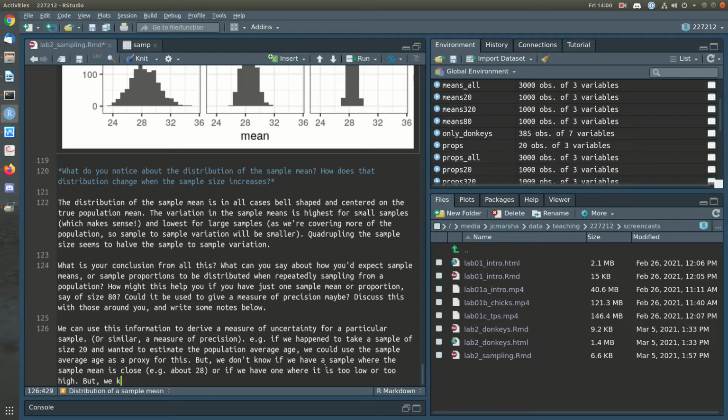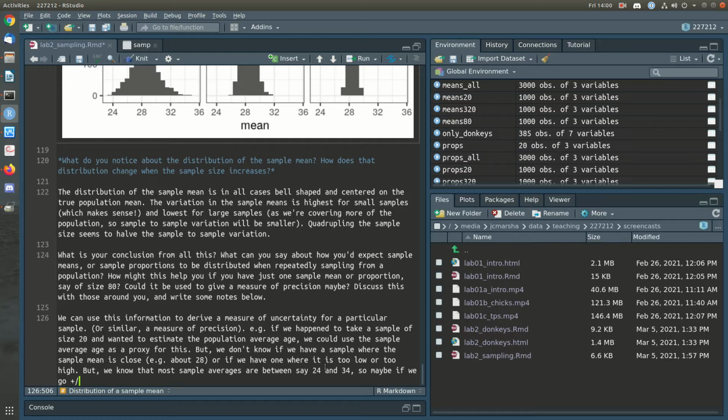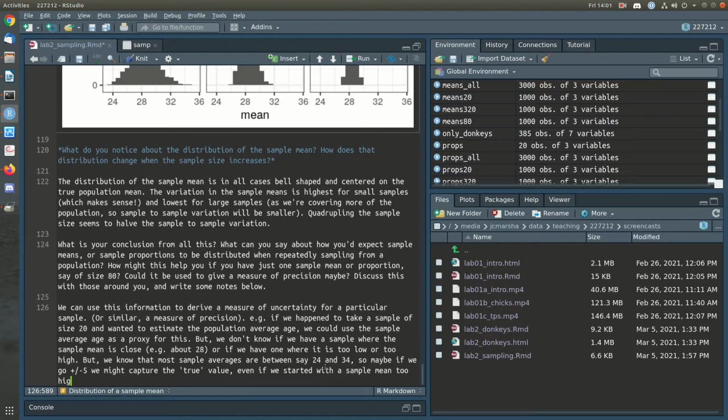But we know that most sample averages are between, say, 24 and 34, so maybe if we go plus or minus 5 or 6, we might capture the true value even if we started with a sample mean too high.